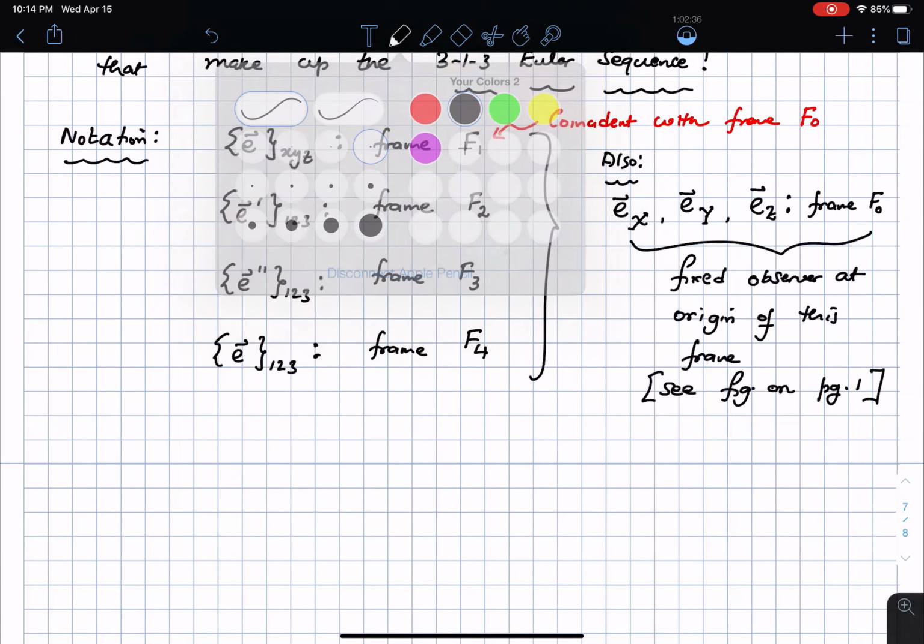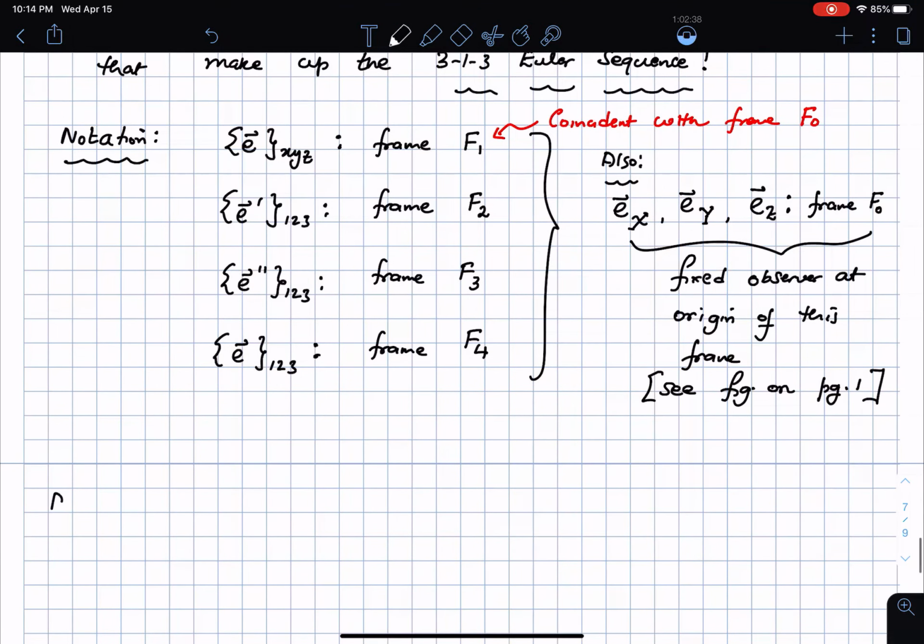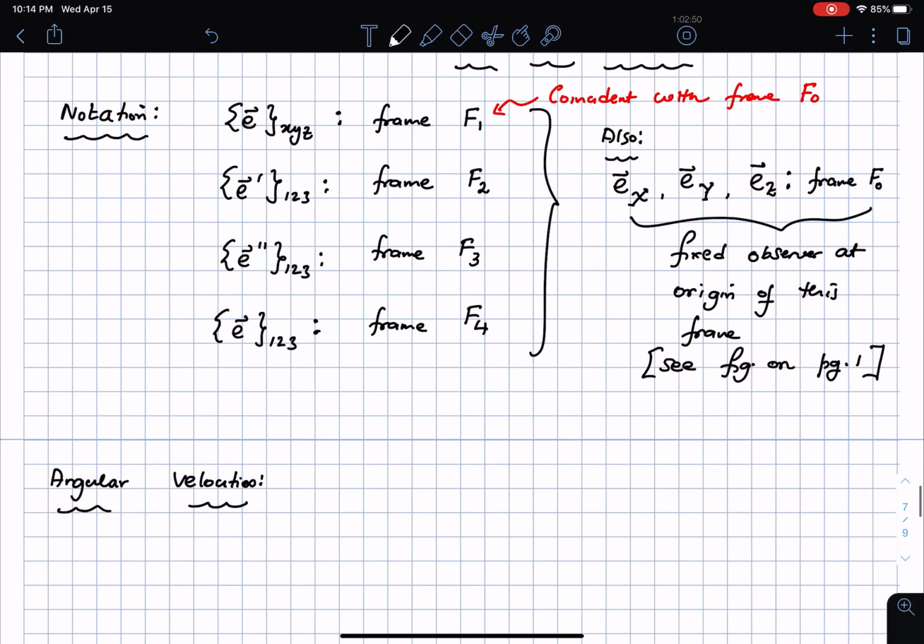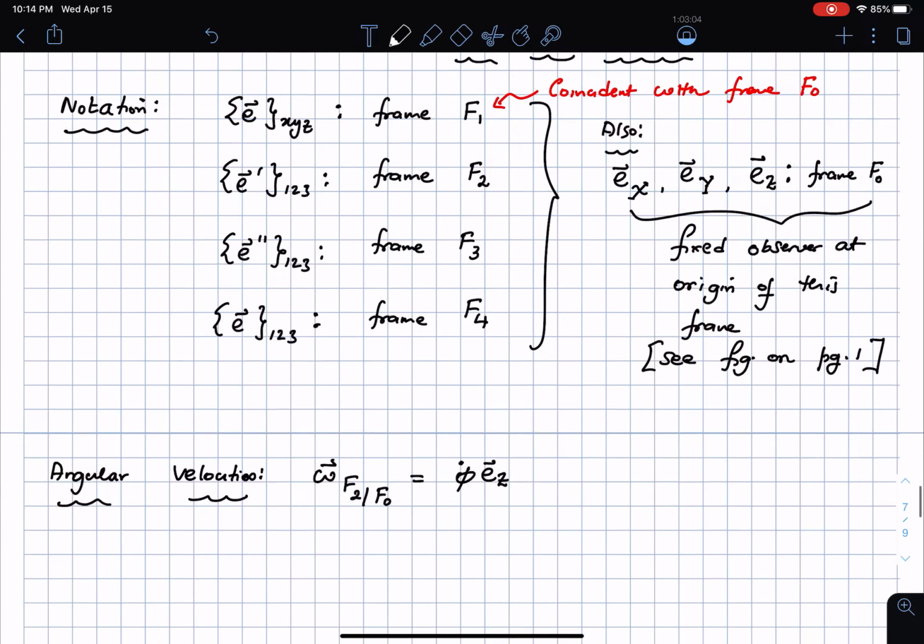So this is fixed to the body but not rotating with the body, and I can define the following angular velocities. The angular velocity of frame 2 with respect to frame F0 is defined in the EZ direction, so this is going to be phi dot in the EZ direction.